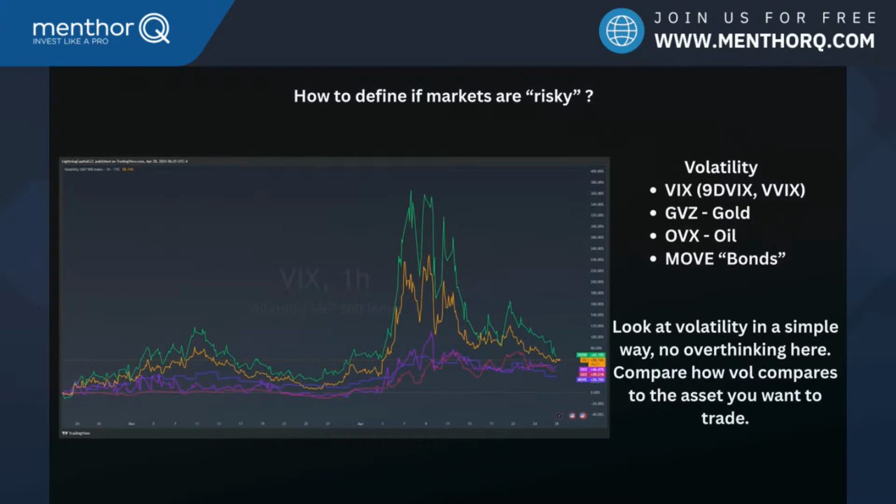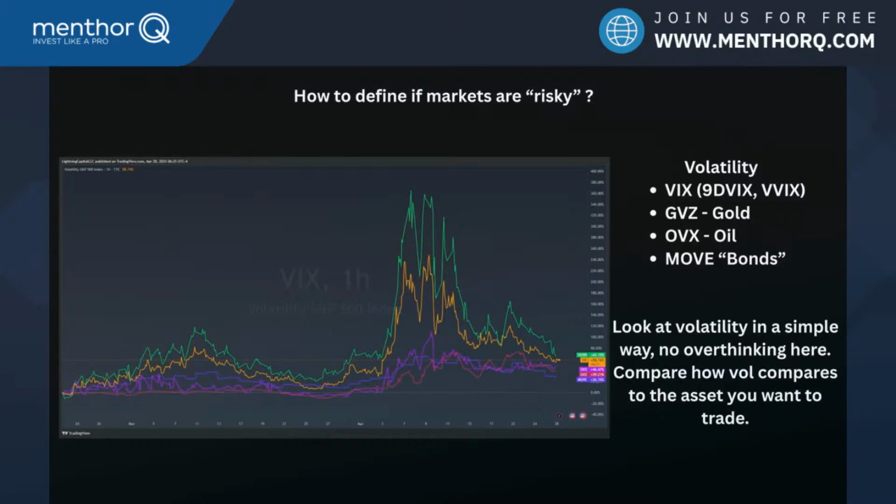The VIX also has other components like the 9-day VIX, which is a little bit more short term. Even the VIX has a volatility index, which is called the VVIX. It shows you how volatile the VIX is, obviously. There is volatility in gold, called GVZ.